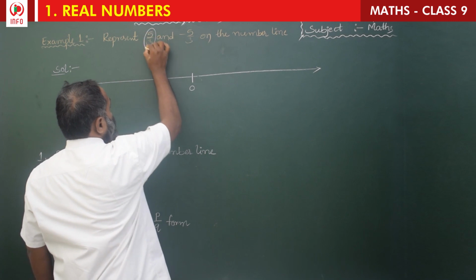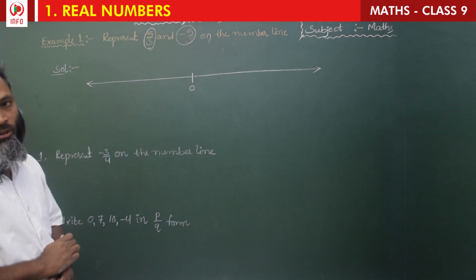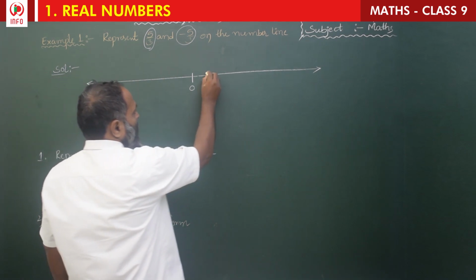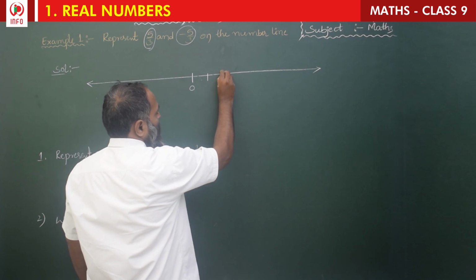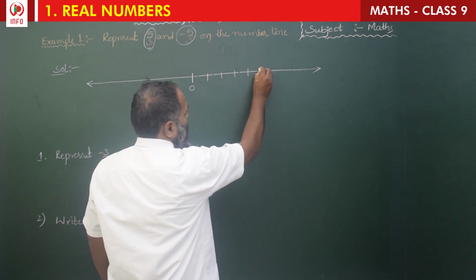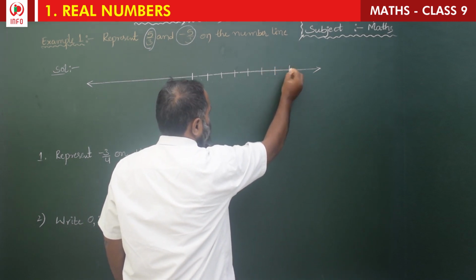Here, in the denominator, by 3 is there. So, we start from 1 by 3, 2 by 3, 3 by 3, 4 by 3, 5 by 3, 6 by 3, 7 by 3 and so on.